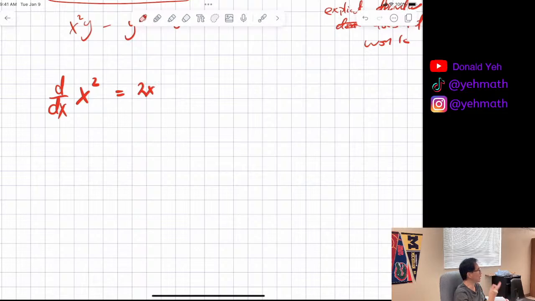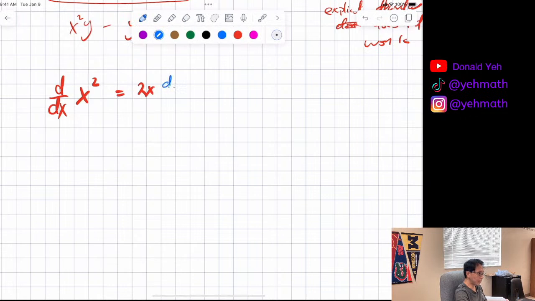Now, if I think of it in terms of chain rule, once I take it down to 2x, I'm going to take it down to the x as well, right? This is something that you normally don't write down, but there is a dx over dx. You're going to take a derivative of the x with respect to x. But since dx over dx is just 1, we normally don't write that, just write down 2x.